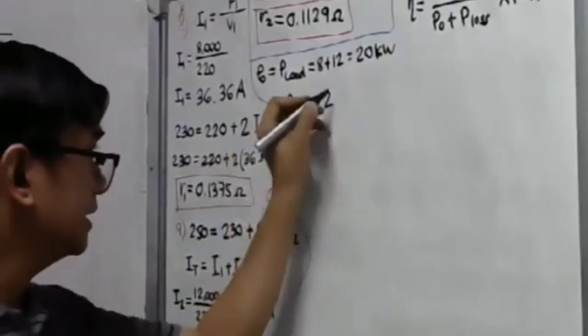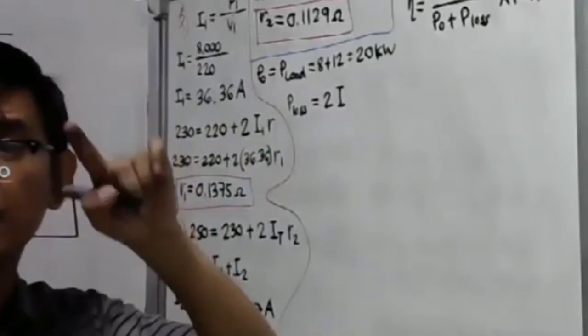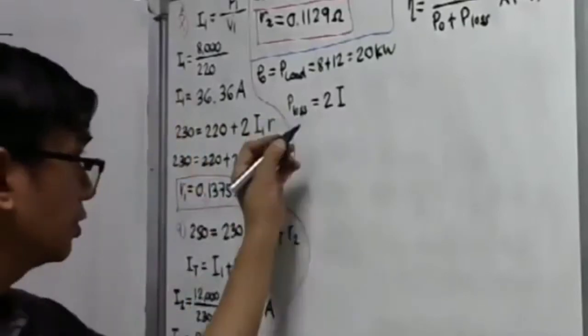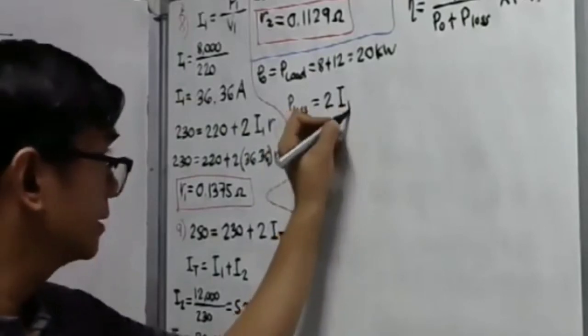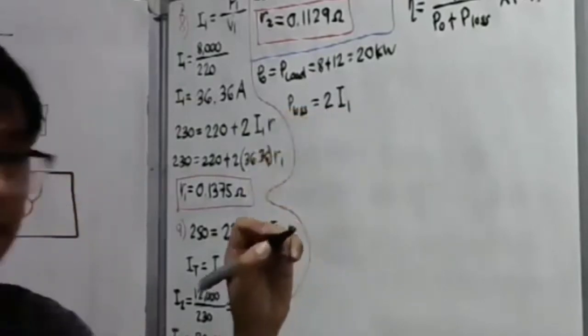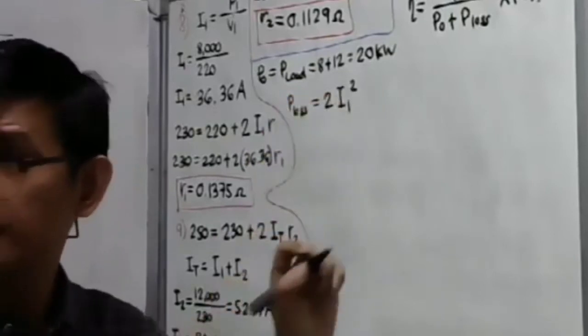So this is I1, because the basic formula for power loss is I squared R. So we have here our I1 squared R1.